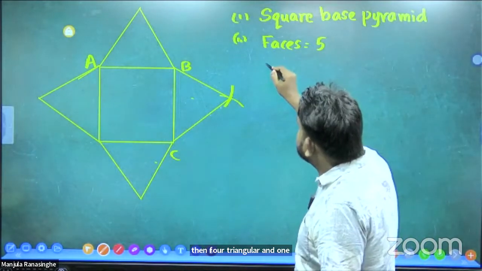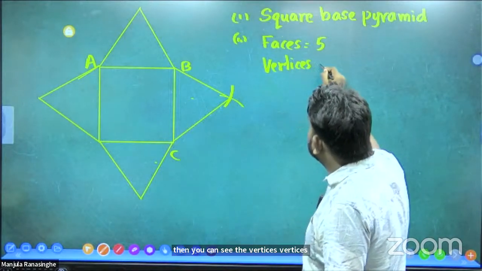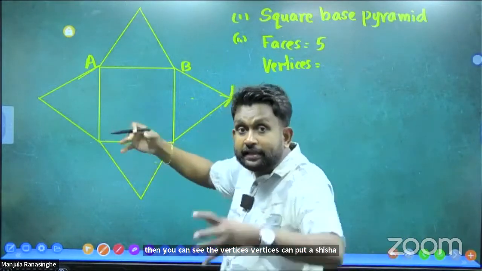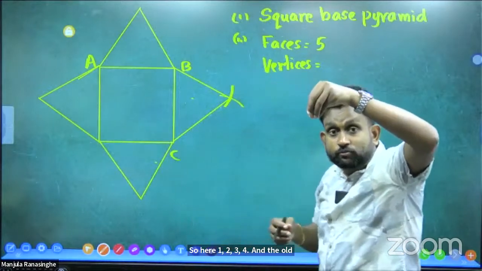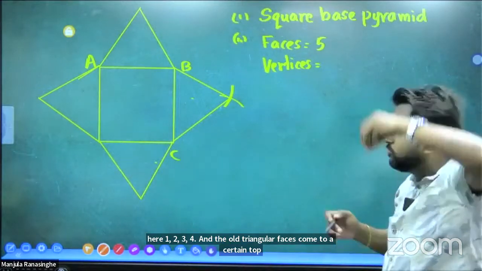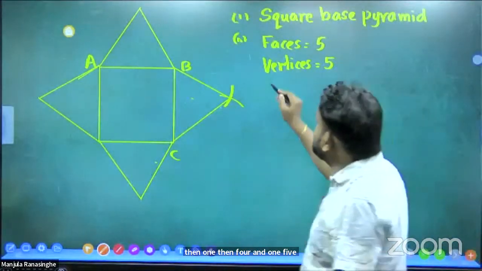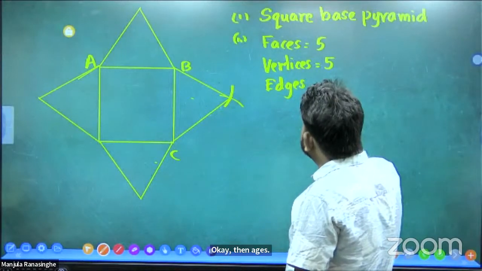Then you can see the vertices. How many vertices are there? Here 1, 2, 3, 4, and all the triangular faces come to a certain top, that is 1 more, so 5 vertices. Then how many edges?